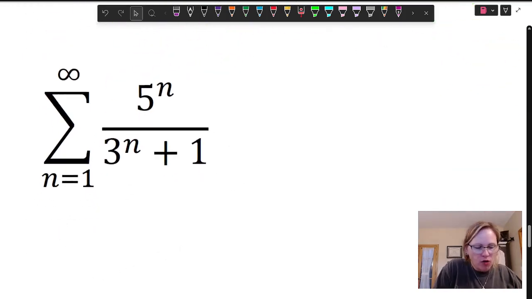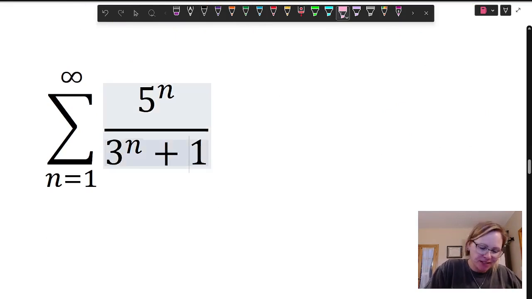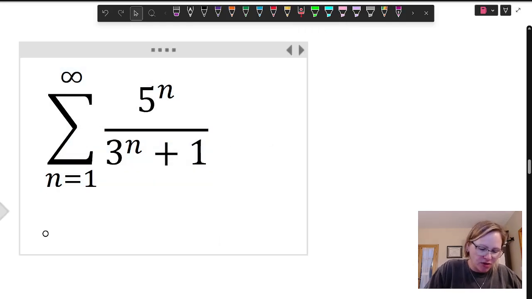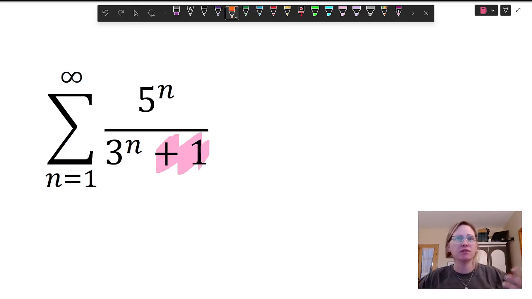Okay, let's see another one. Let's take a look at almost the same problem, but this time my inequality is not going to be true. This is going to pose a problem because if I do a direct comparison to this problem, I'm going to compare it to that divergent geometric series.